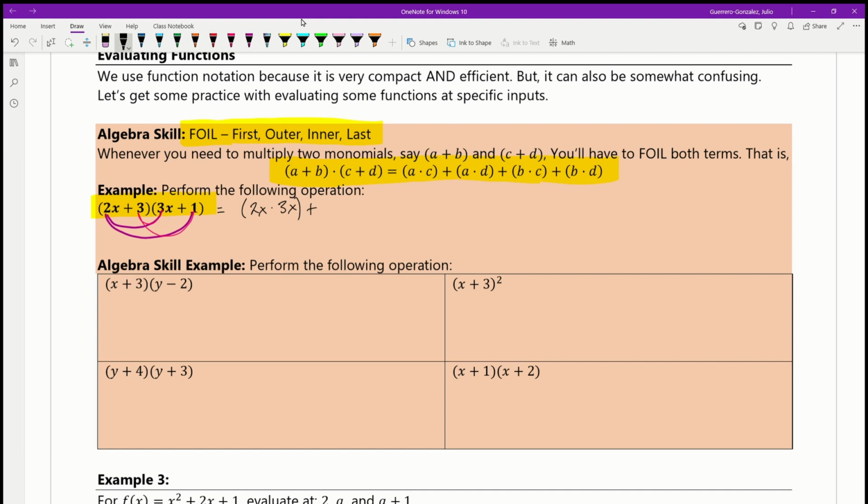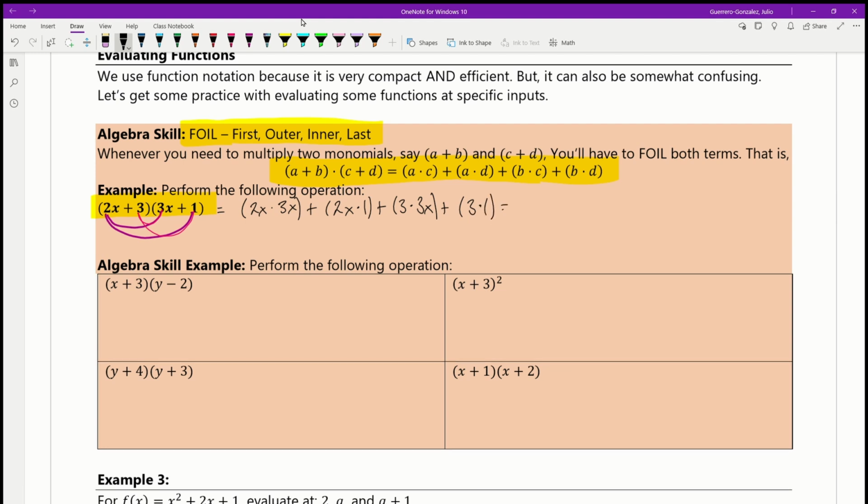So that's going to be my 2x and 1. So it's going to be 2x times 1 plus inners. That's my 3 times 3x. So it's going to be 3 times 3x plus, and then now the last, 3 times 1.